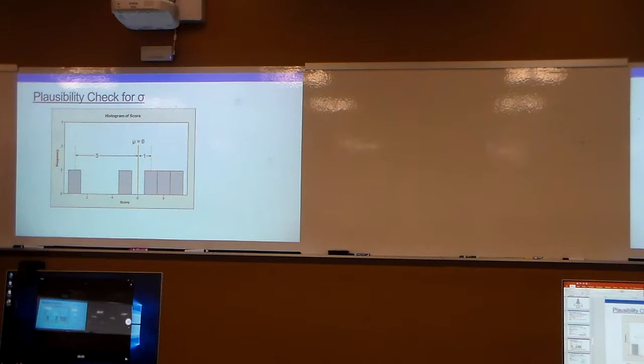The difference between the closest score and the farthest score is somewhere between 1 unit and 5 units away. Where should your standard deviation fall? Between 1 and 5, right? If you get a standard deviation of 10, is that a reasonable statistic? No, not a reasonable statistic.